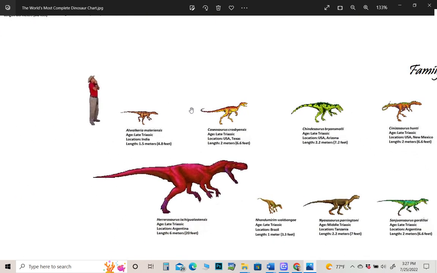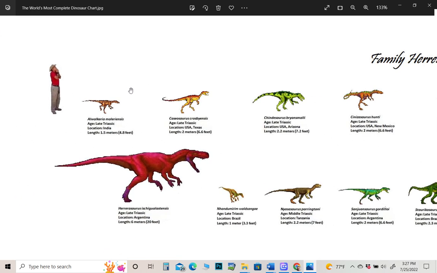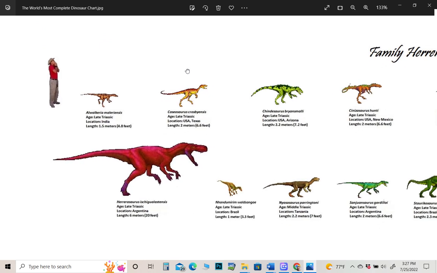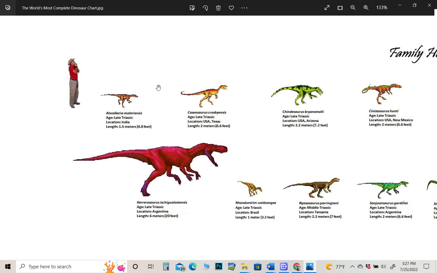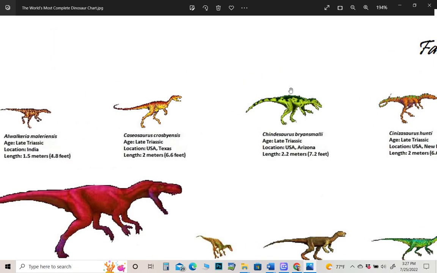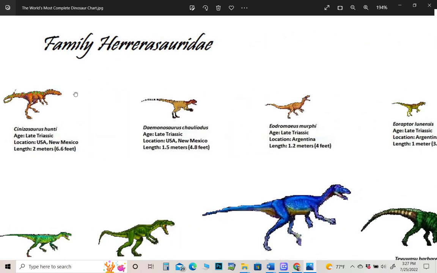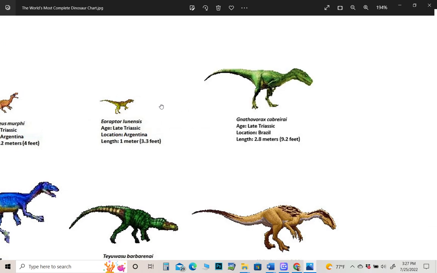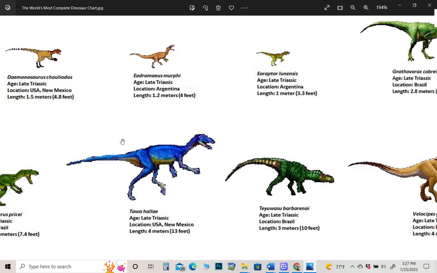And then the Herrerasaurs, which are technically close to the base of the theropods, or the base of the dinosaurs altogether, but we've included them here, including all the basal theropods, or basal dinosaurs, period, because it's the only place they really go. Okay, so we have Alwalcaria, Casiosaurus, Chindisaurus, Sinosaurus, Daimonosaurus, Eodromius, Eoraptor, Gnathovorax.